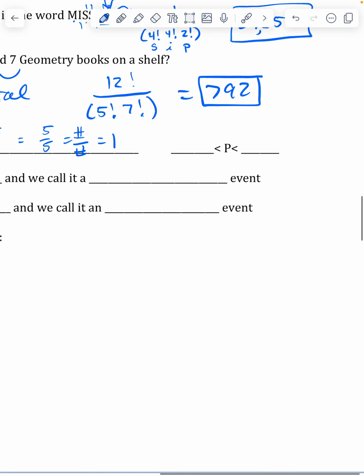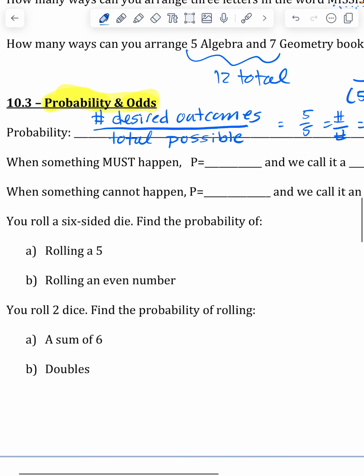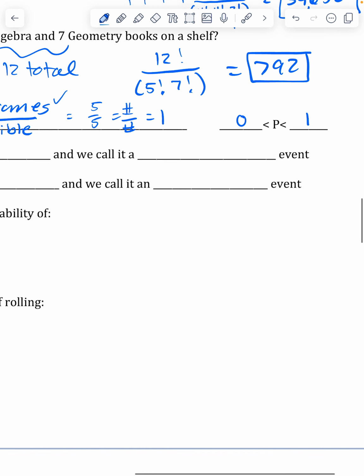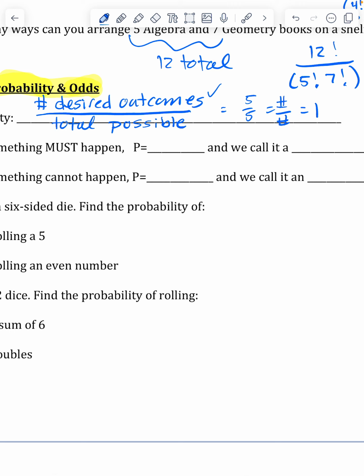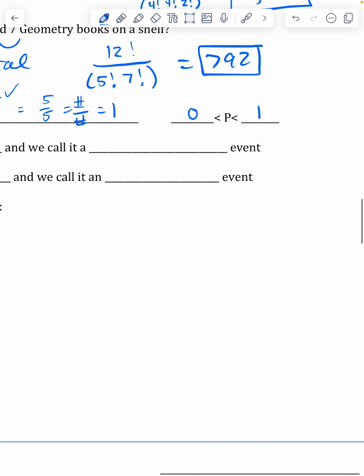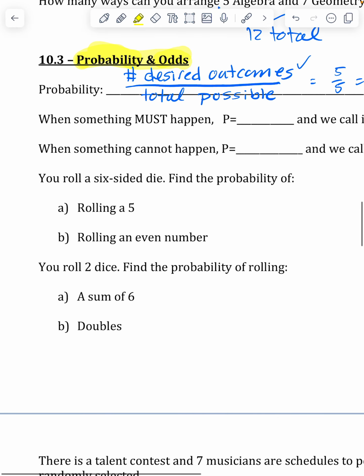So probabilities all end up between 0 and 1, because 0 would mean that what you're trying to make happen never can happen. There's 0 ways it can happen. So say you're rolling dice and you want to get a 7. Well, it's not going to happen because your die only goes up to 6. So that would be 0 desired outcomes out of the 6 possible, and 0/6 would be 0. So all of our probability answers are going to be between 0 and 1.